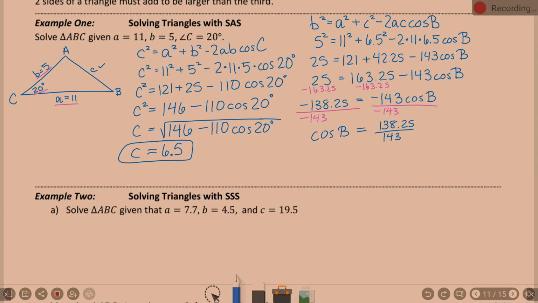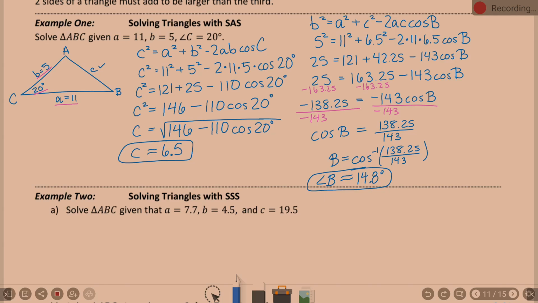Remind me, how do we find B? This is the inverse function, right? To separate cosine B, you're doing the inverse function. So B is going to be cosine inverse of 138.25 over 143. Angle B works out to be 14.8 degrees. Now, before that bell rings, tell me, how do I find my last piece of this puzzle?